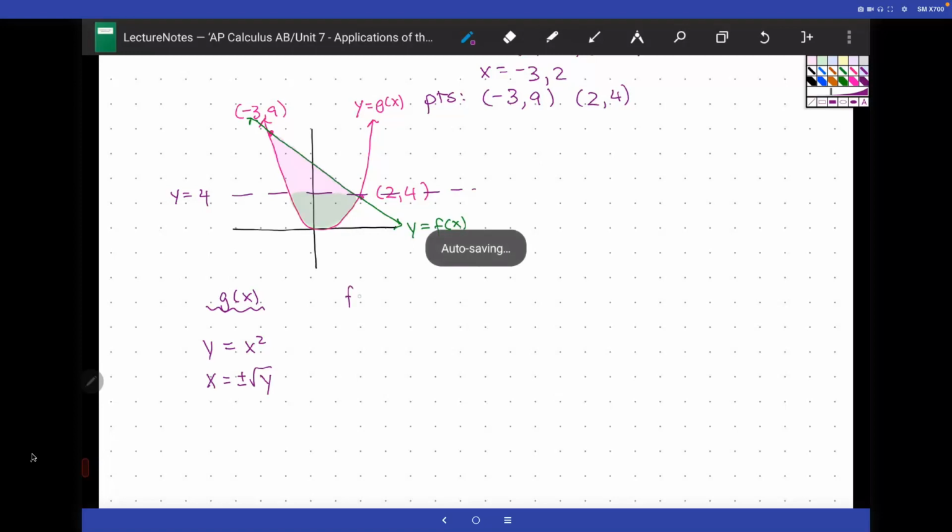And then for f of x, that started off as y equals 6 minus x. So if I solve this for x, add x onto both sides, and then subtract off the y, it's x equals 6 minus y. So we have both equations written in terms of y, solved for x in terms of y.